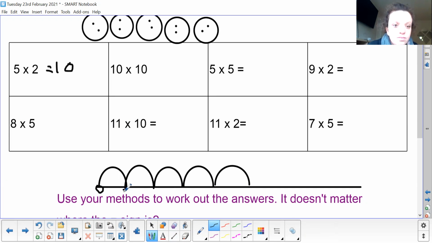So we get 2, 4, 6, 8, 10. Well done. Fantastic. So that's the 3 different ways that you can solve a times number sentence.